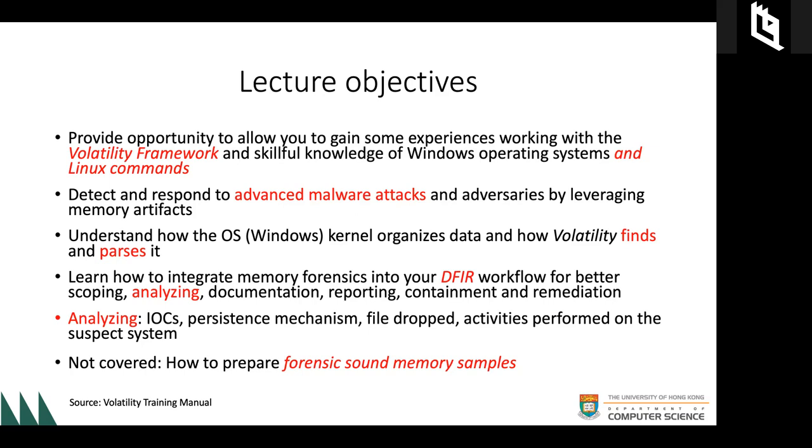Actually, by checking the memory, we can also find the registry keys residing in the physical memory capture. So we can identify persistence mechanisms that way. Any files dropped? Are there any files being dropped to the hard drive?